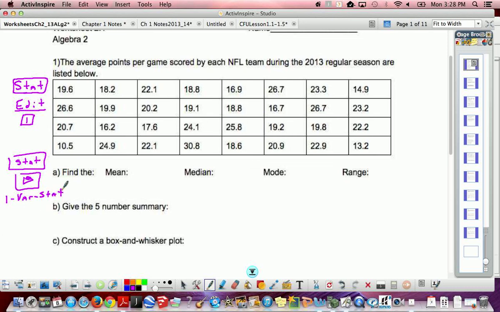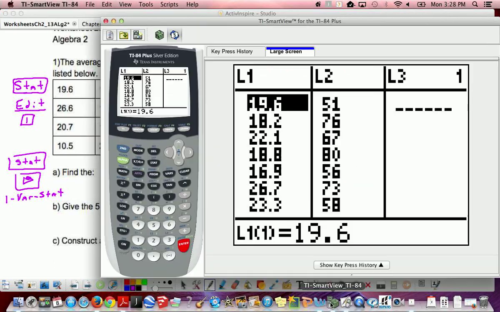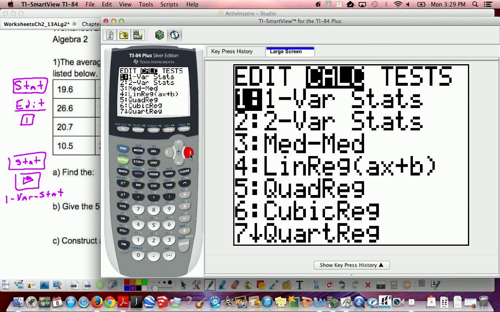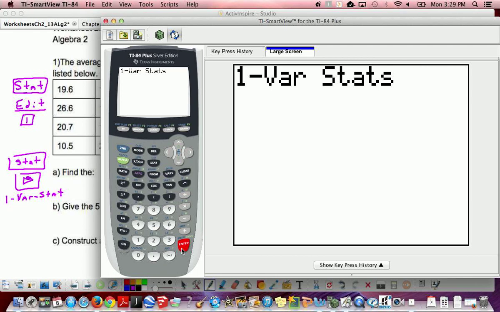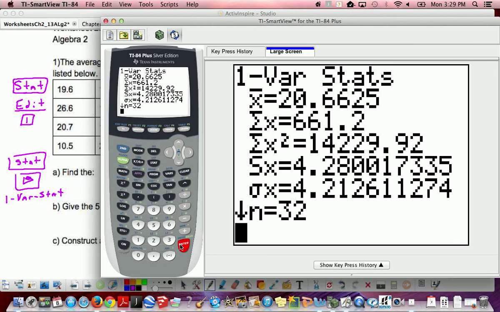This key is huge. That gives you so much information and will answer many of your questions for you. So if I go stat, right arrow, under calc, number 1 says one variable statistics. It defaults to list 1. So I don't have to type anything for at least the football scores here. So I'm going to go ahead and hit enter, and voila, X bar is my mean.